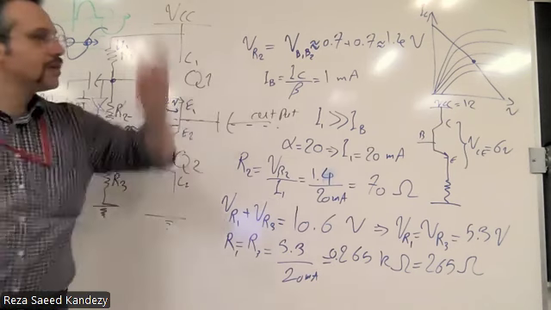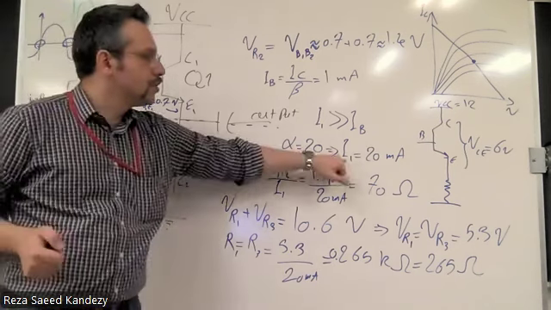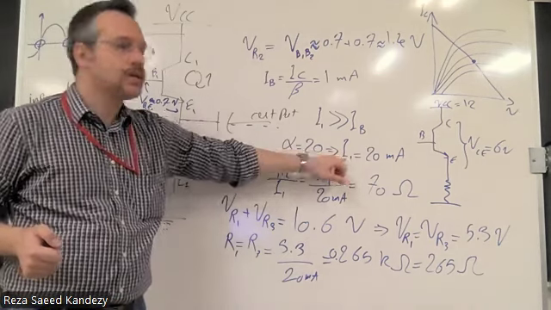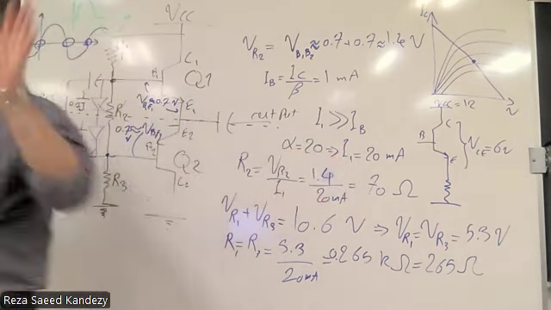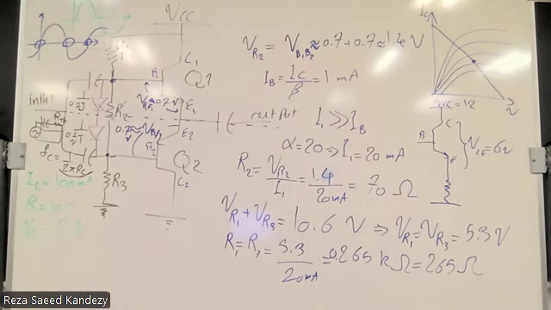The rest is the same except this one, because you need to have a current. R2 and VR2 are not necessary, you don't have them. The base-emitter voltage has to be a minimum of 0.7 volts for the transistors to conduct.